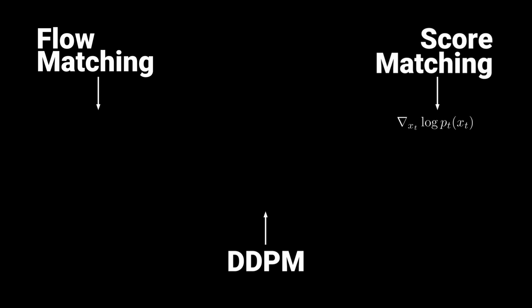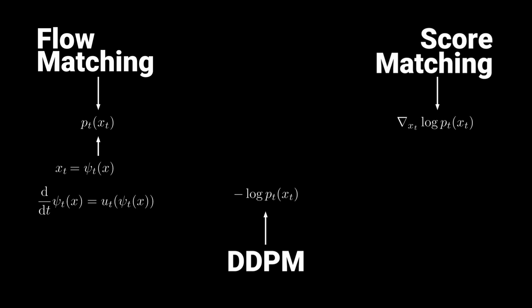DDPM is starting from the negative log of pt of xt, and flow matching says that pt of xt is generated by something called the flow, whose notation is psi t of x. So basically the same way we theoretically get xt from pt of xt, we can use psi t of x to get xt.